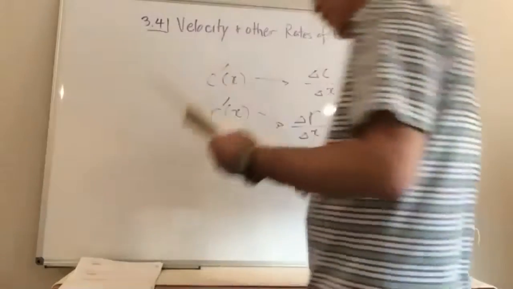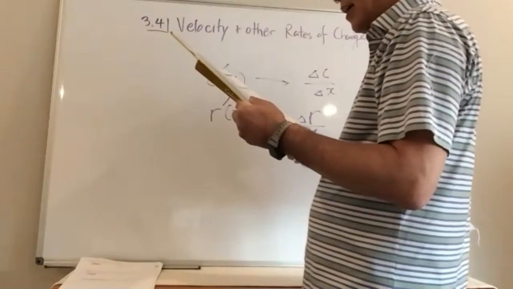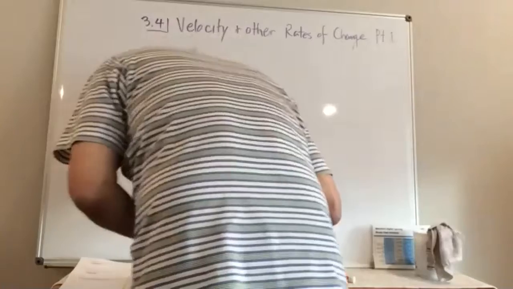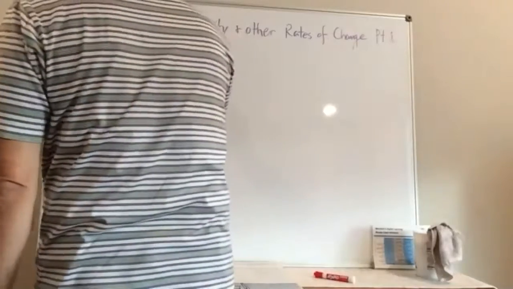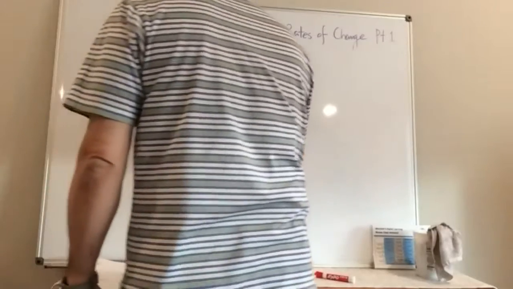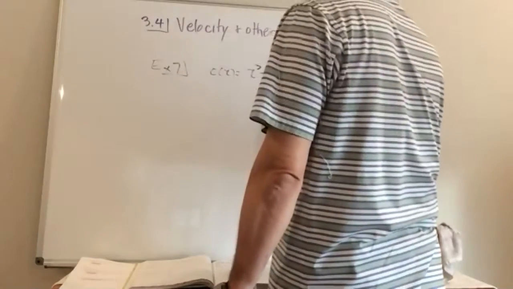So in example number 7, it says marginal cost and marginal revenue. Let's go ahead and do this. Example number 7 says, suppose it costs C of X equal to X cubed minus 6X squared plus 15X.